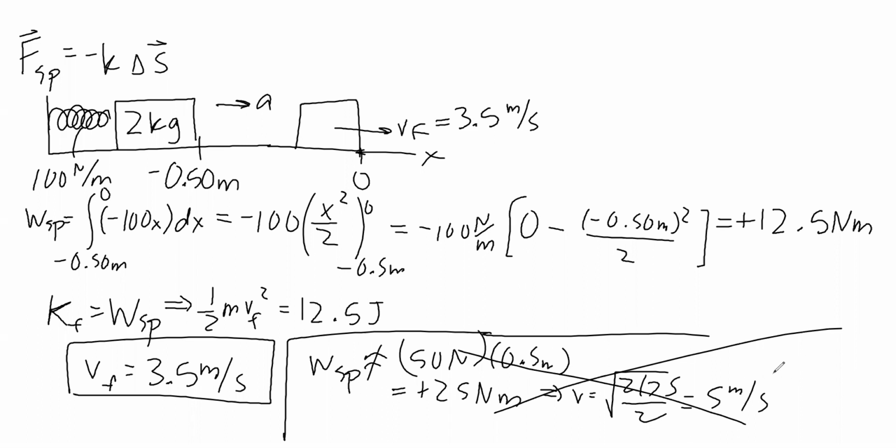The erroneous speed versus the actual speed, they're related by a factor of radical 2, because when you assume it's constant, you conclude that the spring force does twice as much work as it actually does. It only does half of the work that you incorrectly calculate, and so that's going to make the final speed a factor of radical 2 higher when you assume the force is constant.